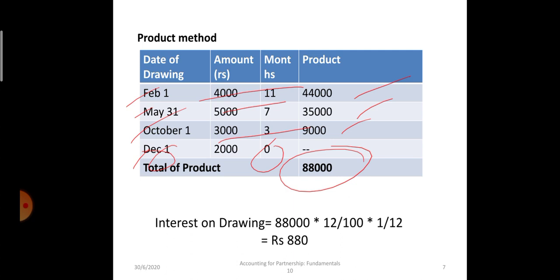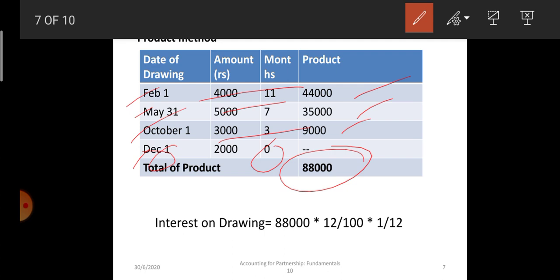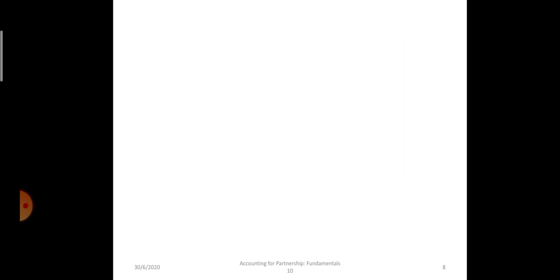So 88,000 multiplied by 12% for 1 month, it will be 880 rupees. See, in both the cases, in the simple method and the product method, the rate of interest was 12% and the interest on drawing amount is 880 rupees. So you are free to use any one method. Whichever you like, you can use that. The answer will be same.